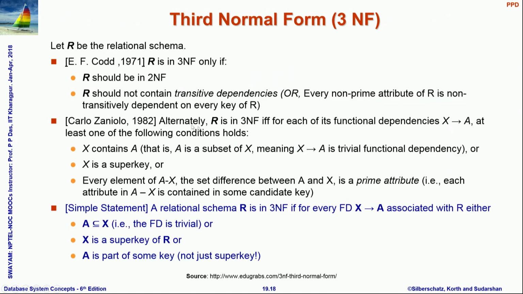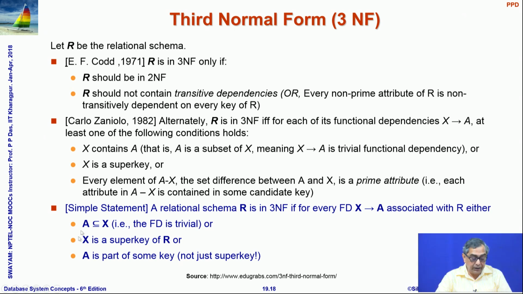Moving on, we have also discussed how to go about the third normal form, where these are the three conditions that you have to look for. First of all, your relation has to be in second normal form, that is the first requirement. The second is that if the functional dependency is trivial, it is okay, so you ignore that.